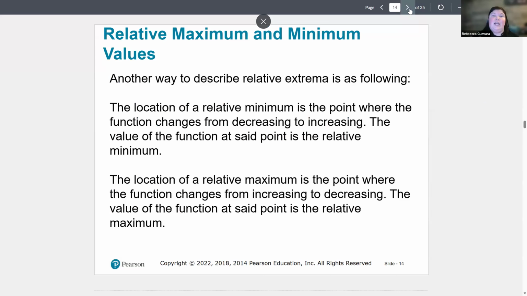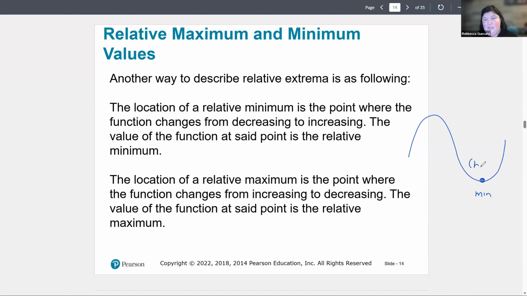So another way to describe a relative extrema is as follows. I like this definition a little better and it's a little more on point, which you're going to see once again in calculus. The location of a relative minimum is the point where the function changes from decreasing to increasing. So this is my function here. This is my minimum. It occurs at this spot, b, f of b.